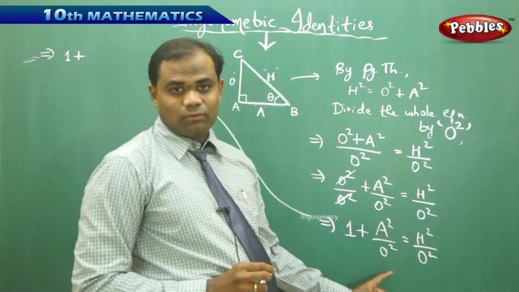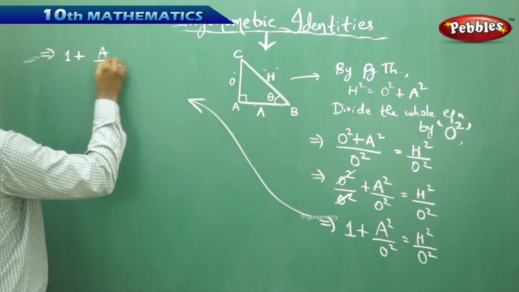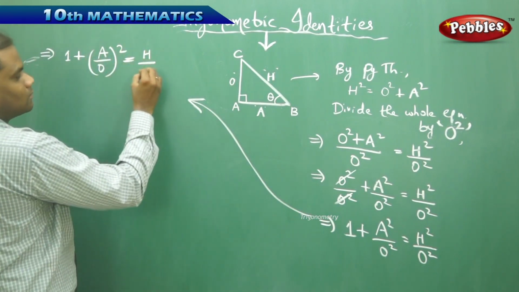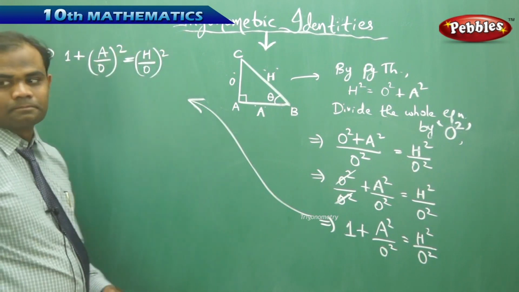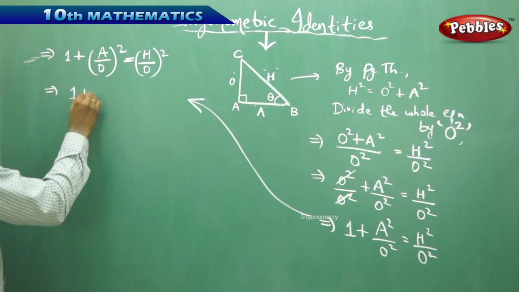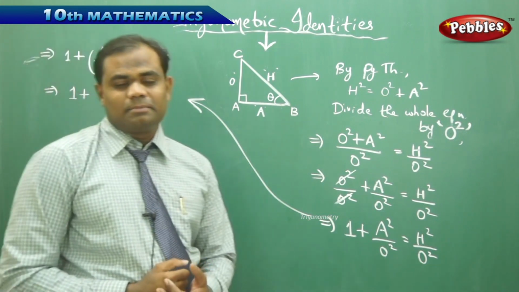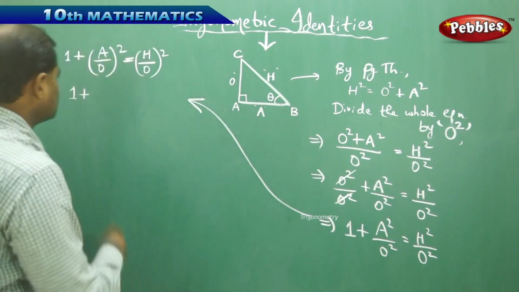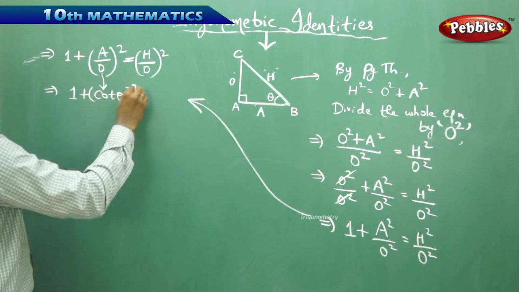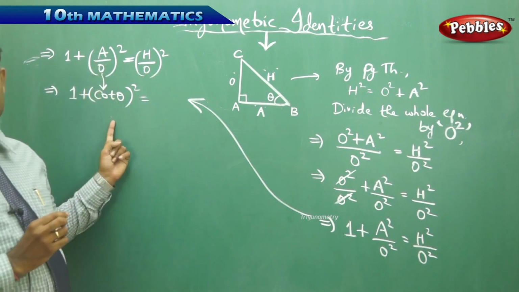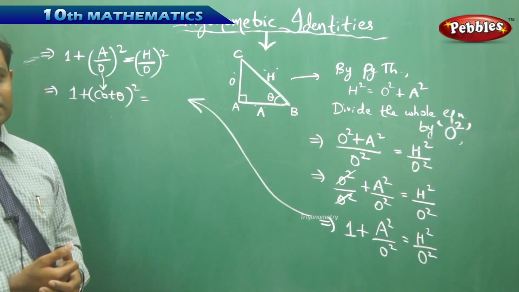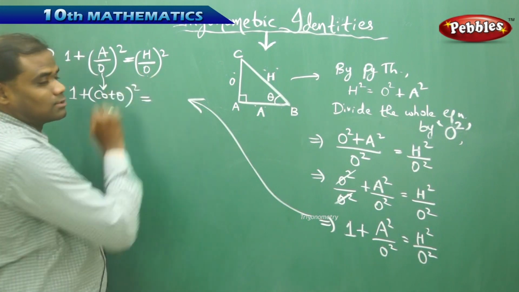Now proceeding similarly, I get this to be 1 plus a square by o square, which I write as a by o whole square, and on the right hand side I get h by o whole square. Opposite by adjacent is tan theta, so adjacent by opposite is clearly cot theta in its respective trigonometric ratios. Therefore, a by o is substituted for cot theta, and h by o is cosecant theta, because cosecant is the reverse of sine.